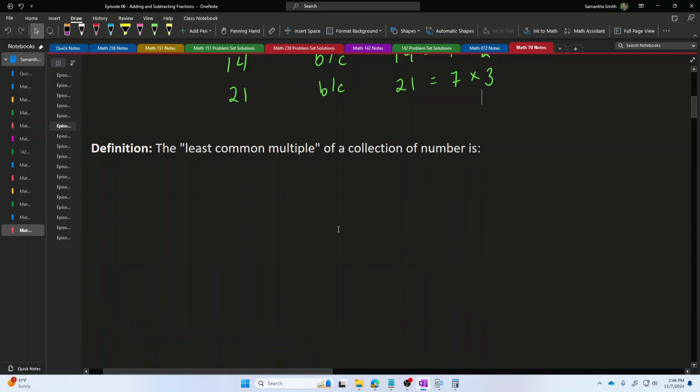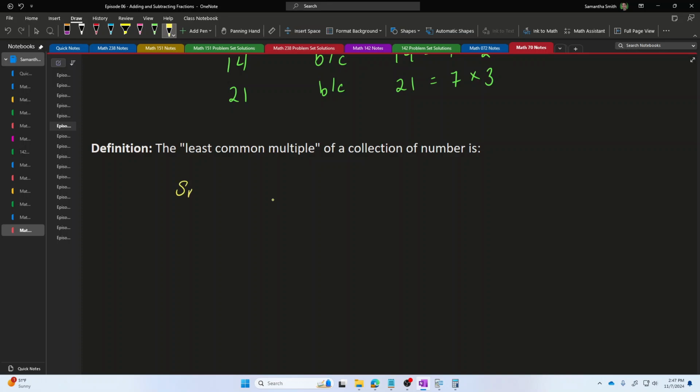When you're dealing with more than one number, a collection of numbers, you will sometimes hear this word least common multiple. The name almost explains itself.